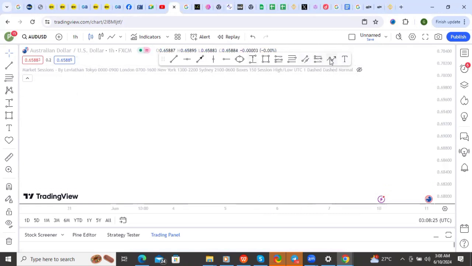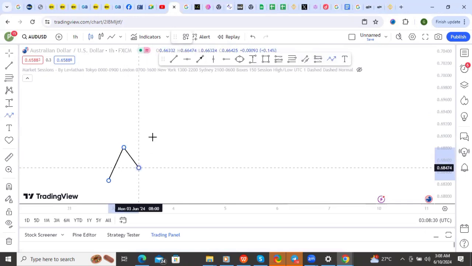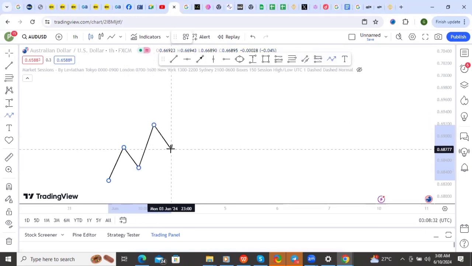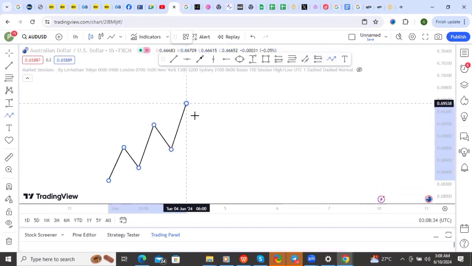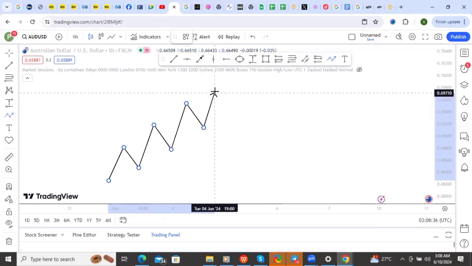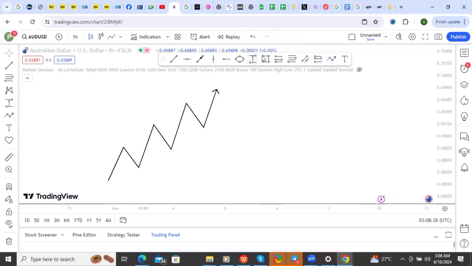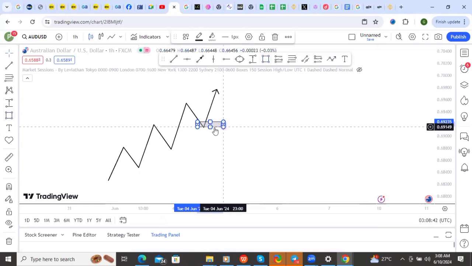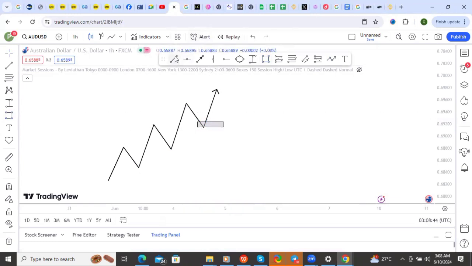Let's say that you are in an uptrend, where you are having your higher highs and higher lows. There will definitely be a block over here that went up to break structure over here.